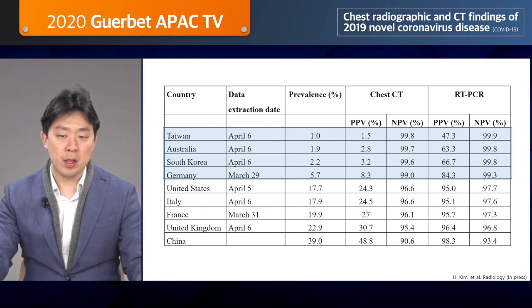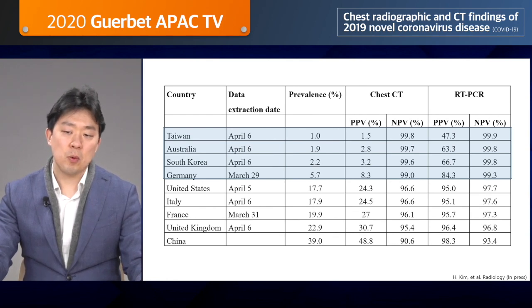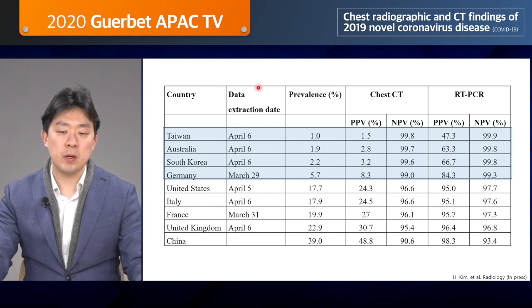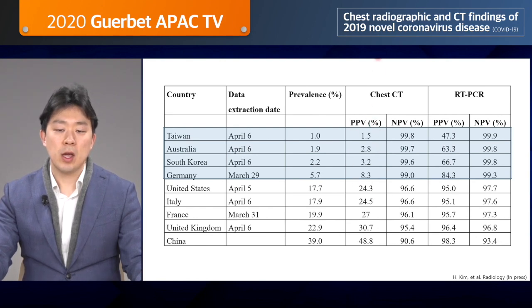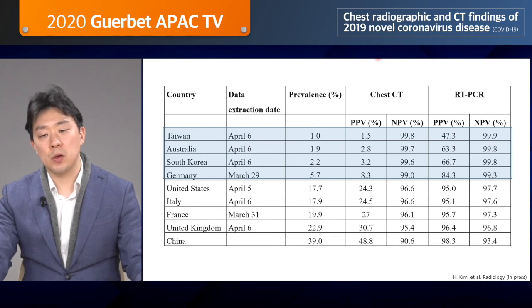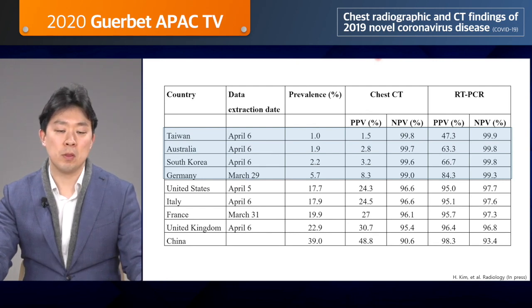In low prevalence countries, the positive predictive value of RT-PCR was more than 10 times higher than that of CT scans. The negative predictive value of both methods ranges from 90% to 90.9%.